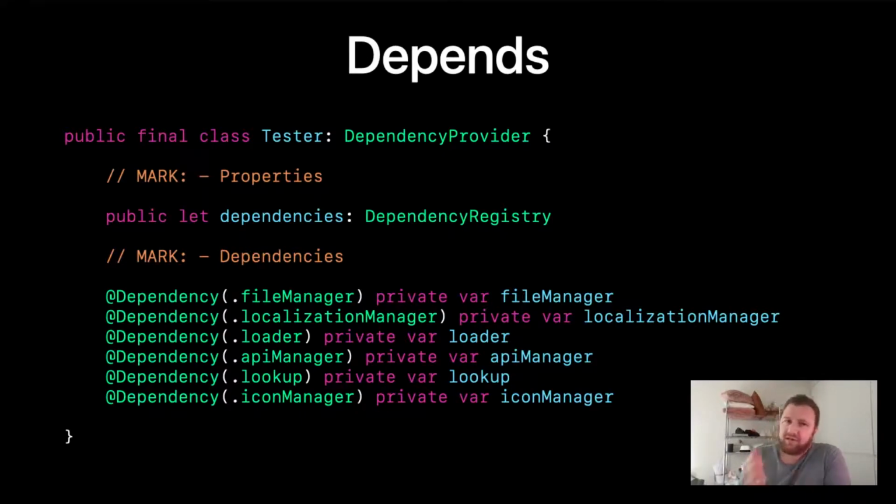So it's as close to the original as we can get, really. It's just that instead of passing all of those properties in during initialization, they're looked up live. They're located, I guess, to use the Service Locator parlance a bit more. They're located from your dependency registry as and when you need them.